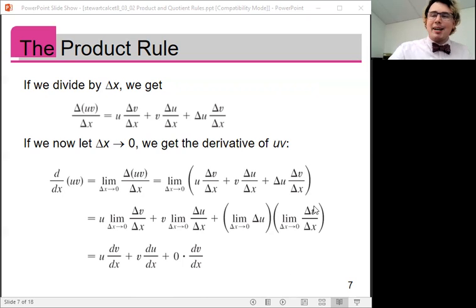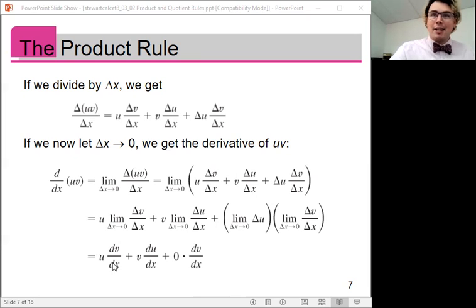By itself, delta v divided by delta x in the limit as delta x approaches 0, well, that's going to be the derivative again, dv on dx. But in the limit as delta x goes to 0, delta u is just going to go to 0. So that part of the equation will get wiped out as promised.